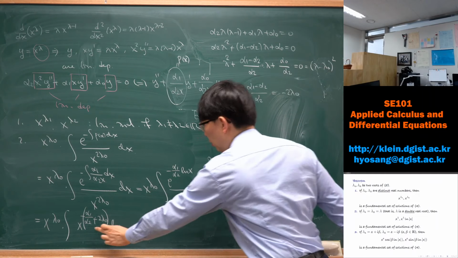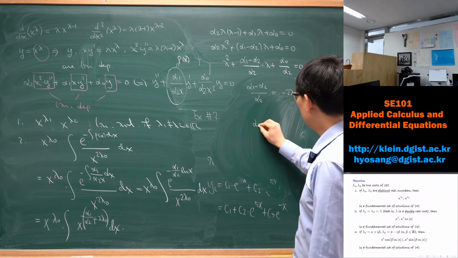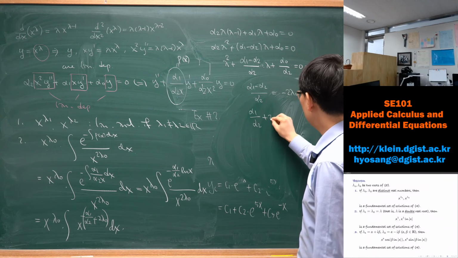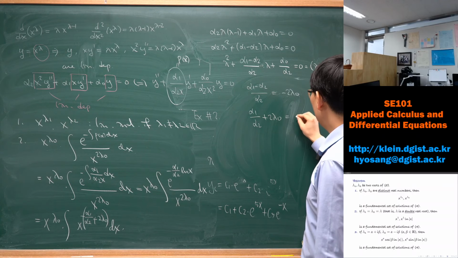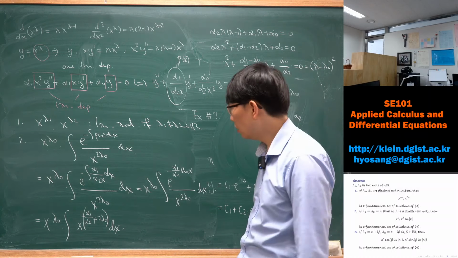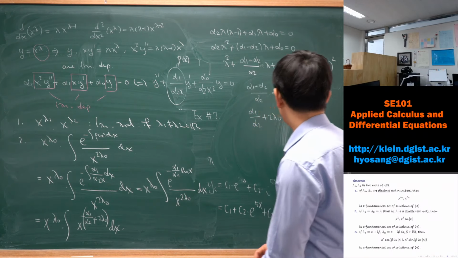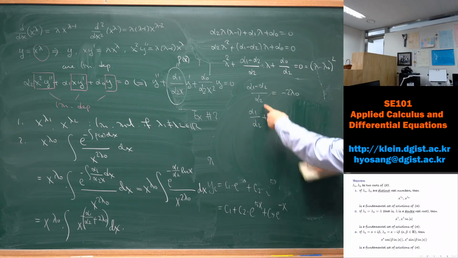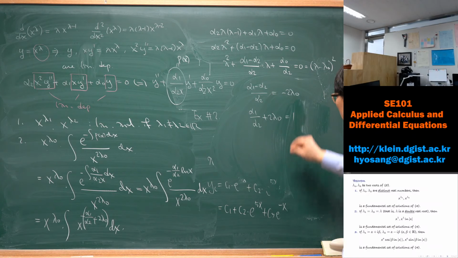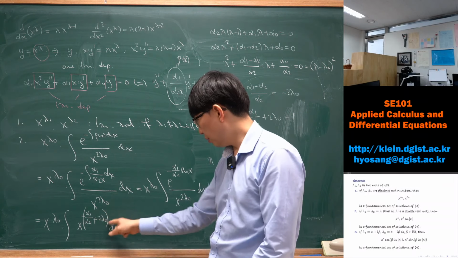So this is not 0. It survives. So we have alpha 1 over alpha 2 minus 1 plus 2 lambda 0 equals alpha 2 over alpha 2. So it's 1. Okay, so this is 1 inside the parentheses.